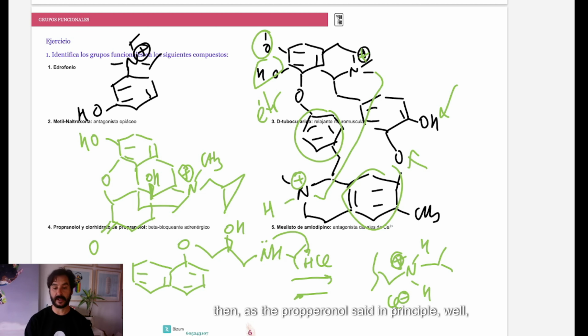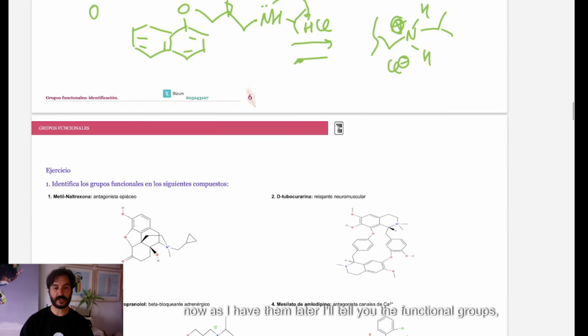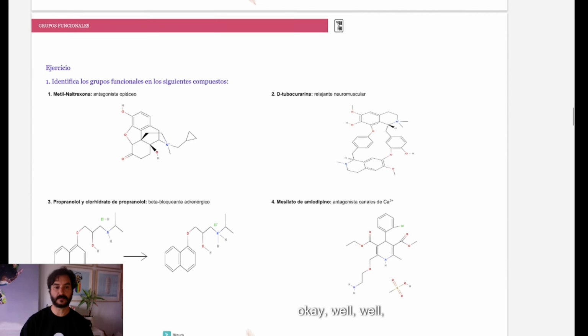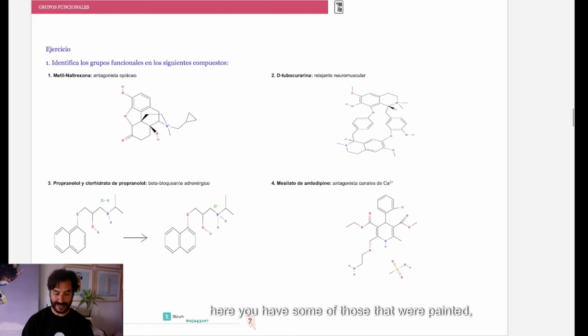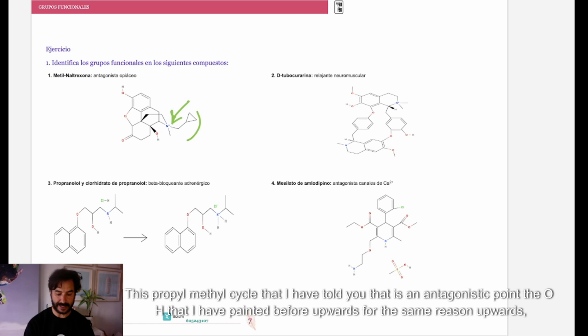Well then, as for propranolol, now I'll tell you the functional groups. Okay, here you have some of those that were painted. As the methyl said, here we would have an ammonium. This propyl methyl cycle that I have told you about, that is an antagonist point, the OH that I have painted before upwards, for the same reason upwards.